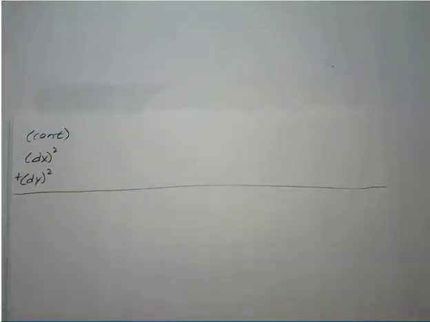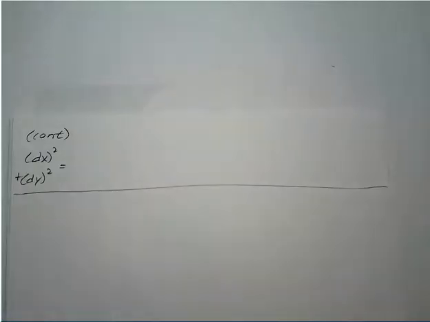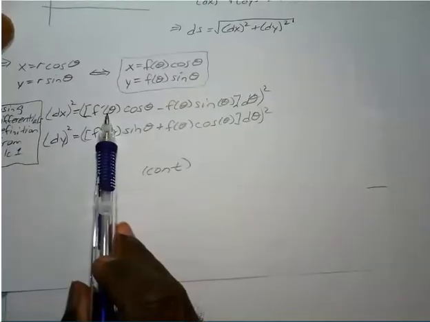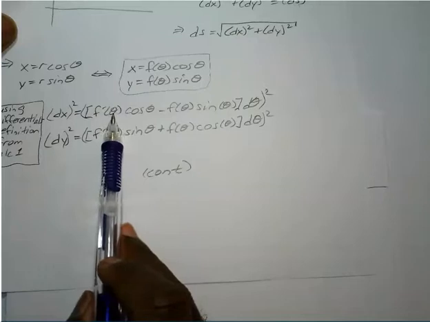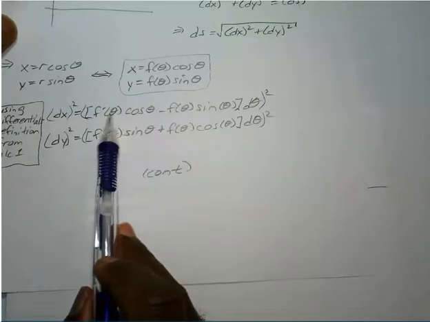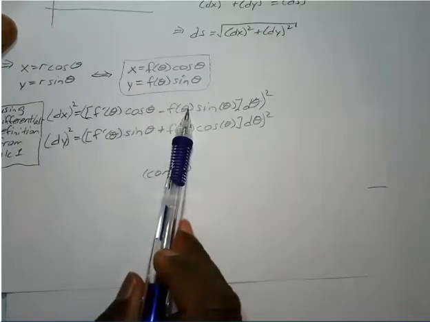Okay, so if we add together our dx squared plus dy squared, that is going to equal, going back to the previous page, our dx squared, where we're squaring this side and using the FOIL method.